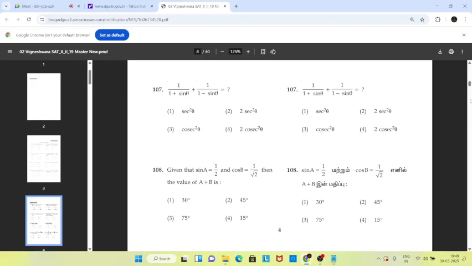So 1 minus sin square theta is how much? cos square theta. So 2 by cos square theta, that is 2 secant square theta, because 1 by cos theta is equal to secant theta. Okay, understood?